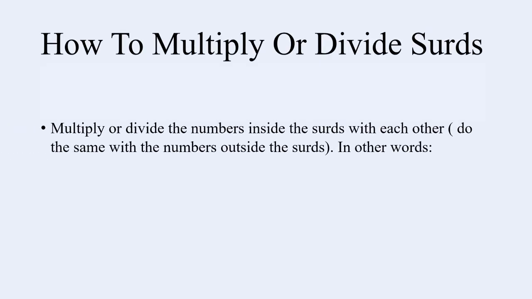Now, to multiply or divide surds, simply multiply or divide the numbers inside the surds with each other. Also do the same with the numbers outside the surds with each other. In other words, if a, b, c, and d are integers, then a times root b times c times root d is equal to ac times the square root of bd.